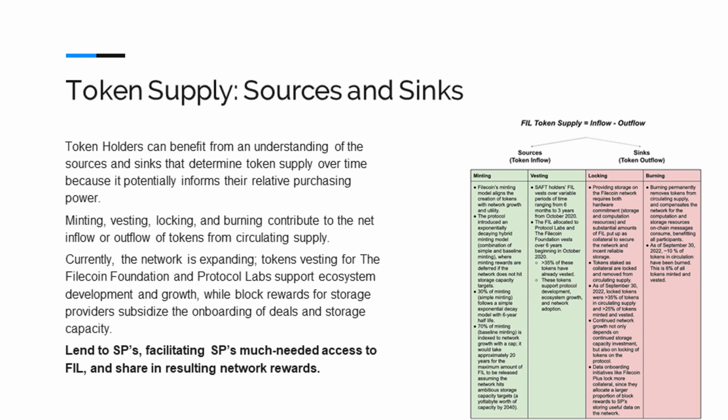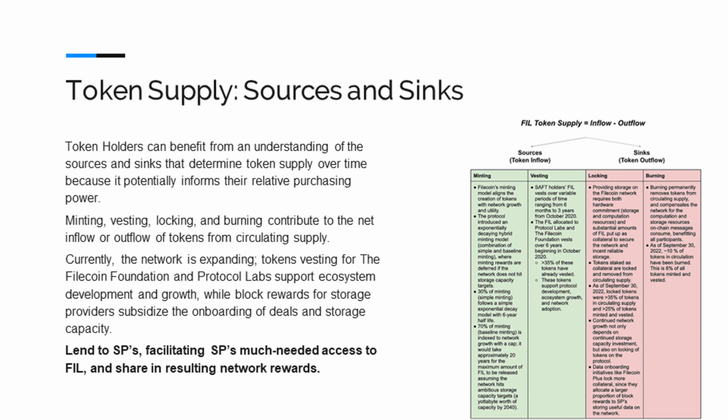Currently, the network is expanding, with tokens vesting for the Filecoin Foundation and Protocol Labs to support ecosystem development and growth, while block rewards for storage providers subsidize the onboarding of deals and stored capacity.